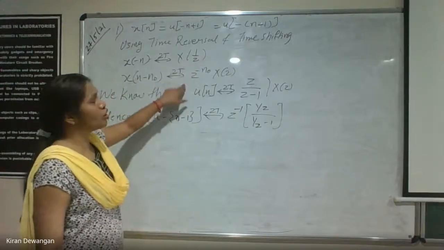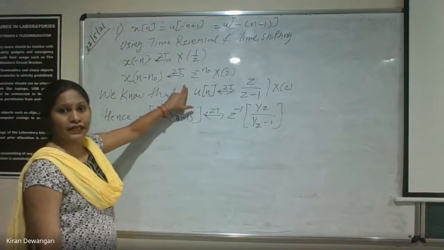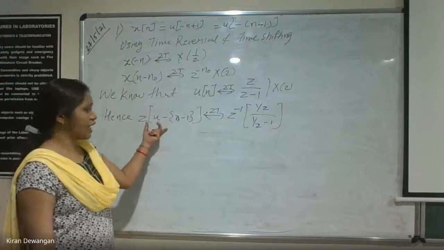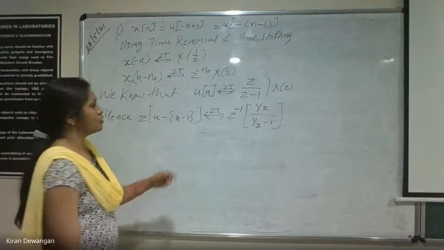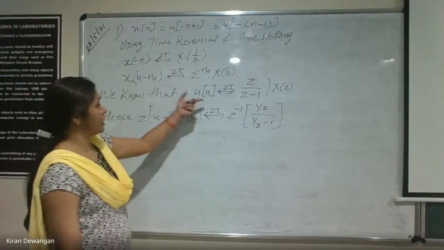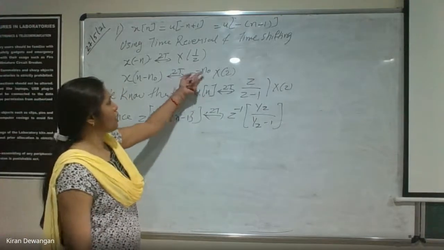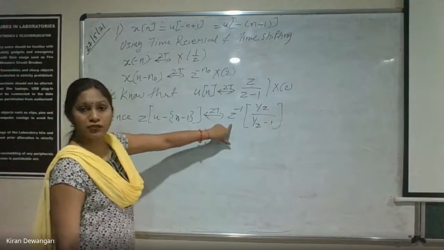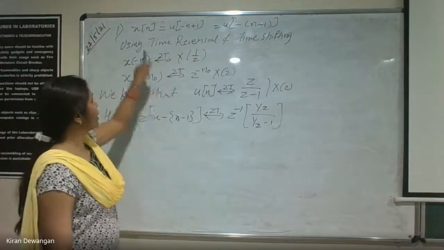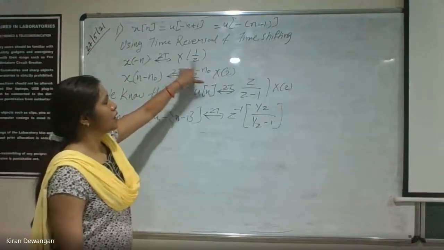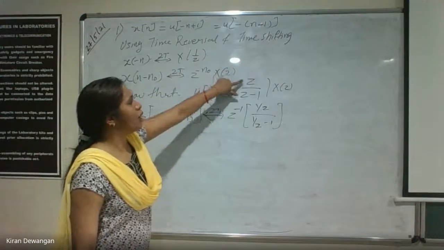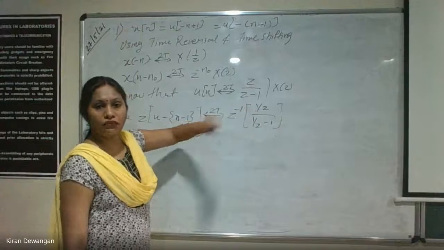So I'm applying both together. दोनों एक साथ ही मैंने अप्लाई कर दिया है. I've taken the time reversal as well as time shifting. ठीक है. So this gets multiplied according to the time shifting. Z to the power minus n naught gets multiplied. This becomes z to the power minus 1. Now according to the time reversal, this is x of 1 by z. Now this is my x of z. Wherever I am having z, that will be x of 1 by z.